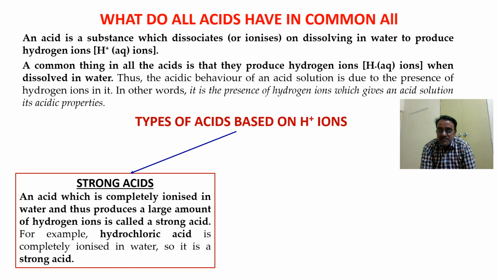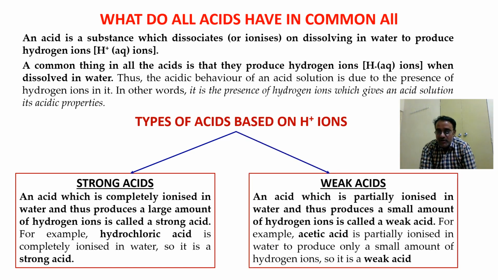And some acids are partially ionized in water and produce only a small amount of hydrogen ions, and those are called weak acids. Okay, so for example, acetic acid. It is partially ionized in water to produce only a small amount of hydrogen ions, so it is a weak acid.